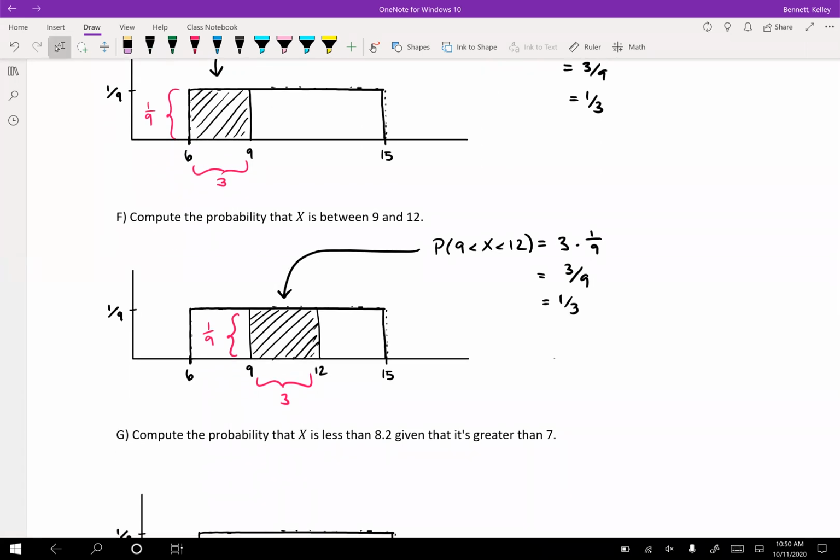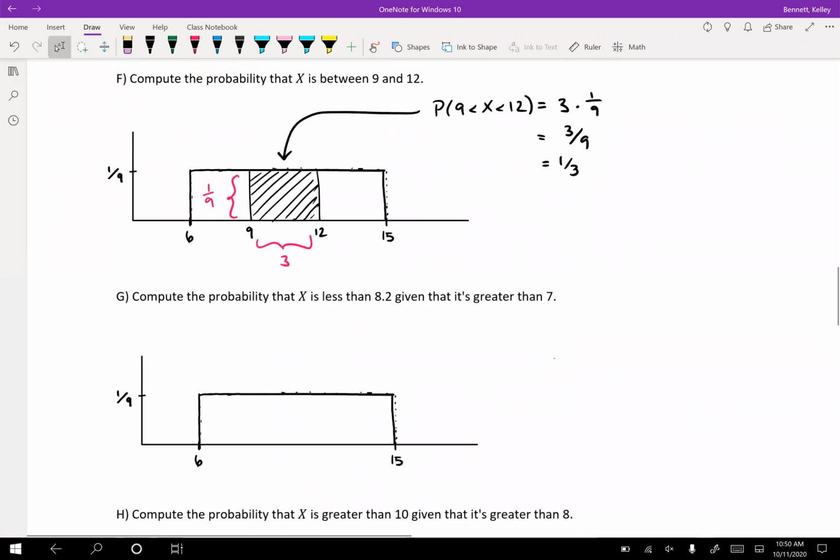All right, now let's look at a conditional. So conditional is where we really struggled. Compute the probability that x is less than 8.2, given that it's greater than 7.